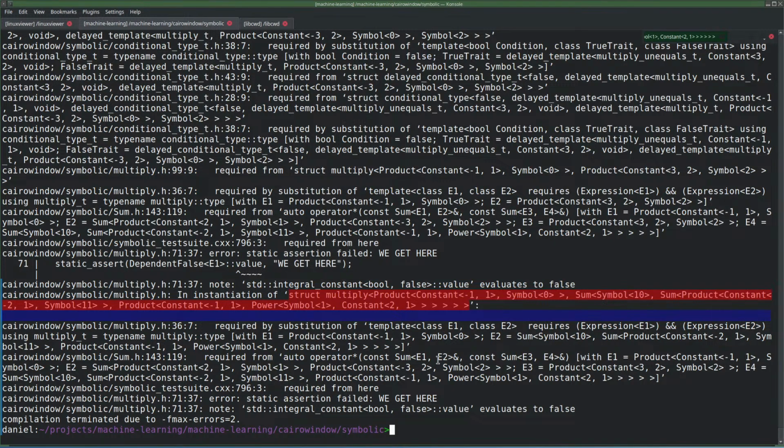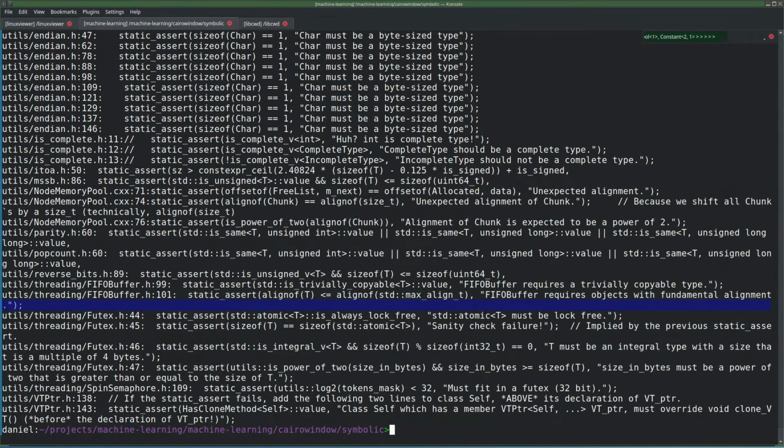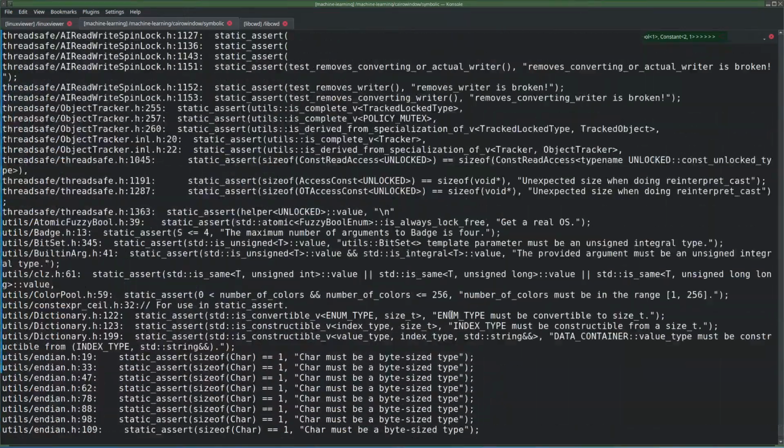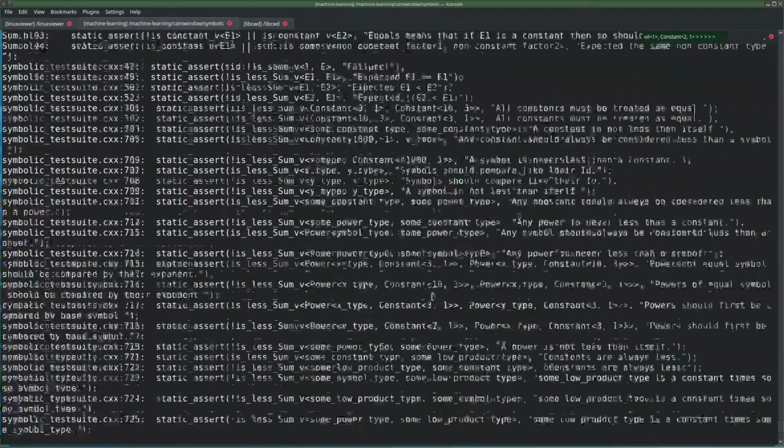So where's my static assert? Ooh, billions of static asserts.